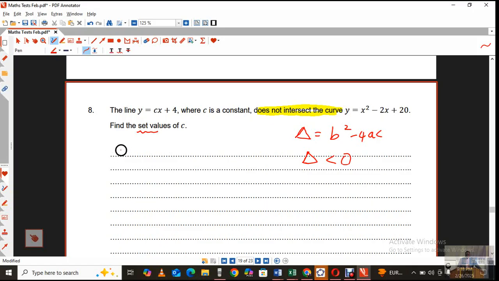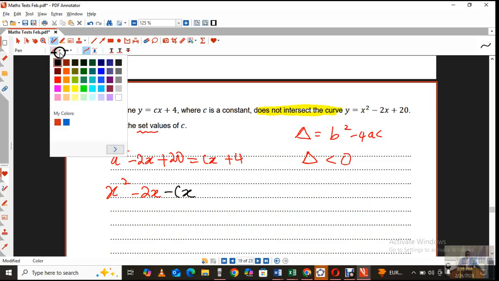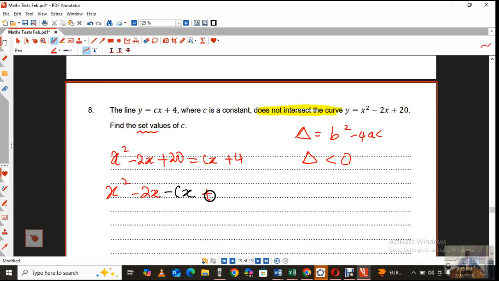Next thing is equate the two functions. So x squared minus 2x plus 20 is equal to cx plus 4. Of course, c is a constant. Move it around so that x squared minus 2x, let's bring its friend, which is minus cx, plus 20. Let's bring its friend, which is going to be minus 4.